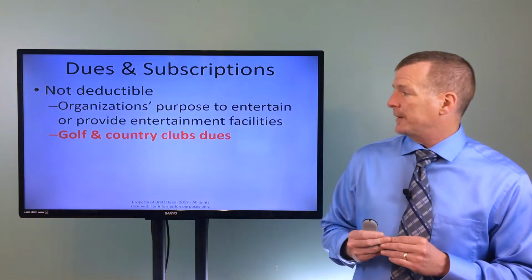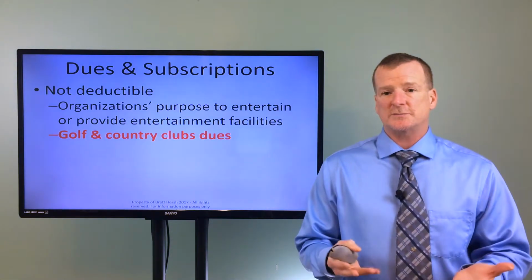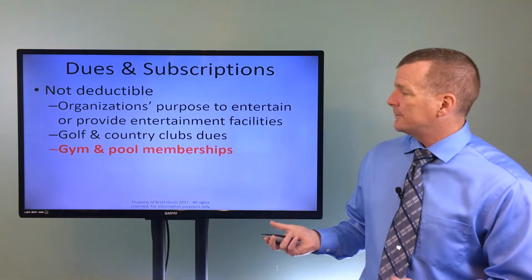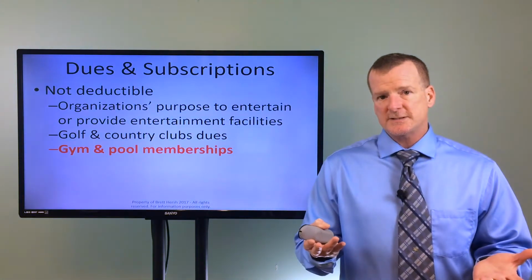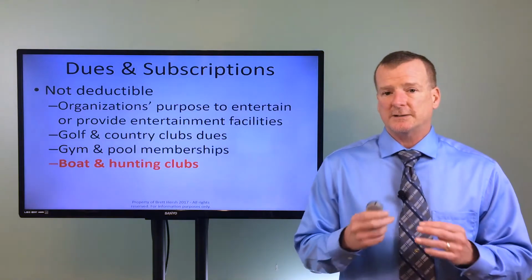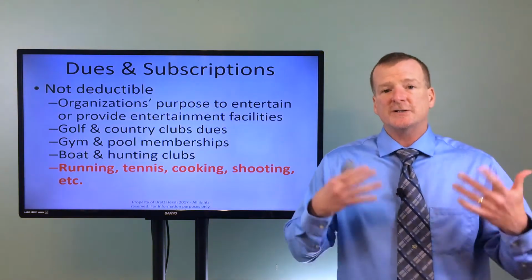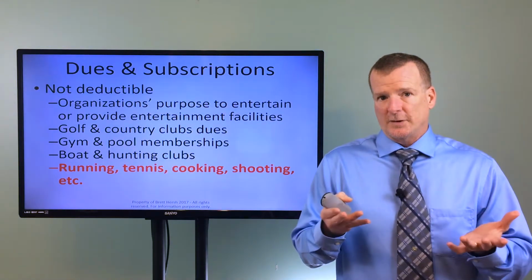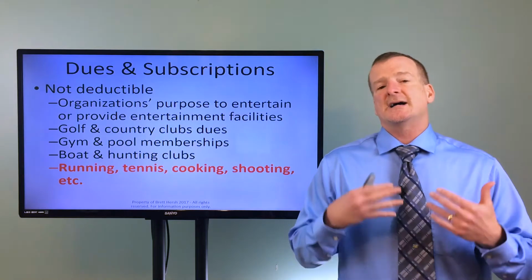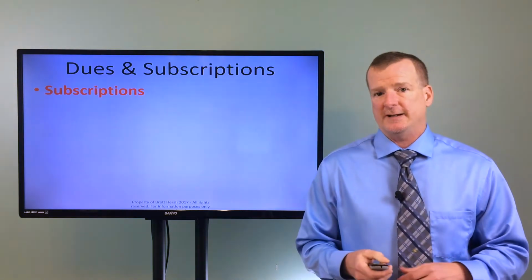So if you have a membership at the local golf resort, it's not deductible as dues or subscriptions. Pools and gym memberships are not deductible, even though you might find some clients at these places. Boat and hunting clubs, not deductible. Running, tennis, cooking, shooting, any type of club like that is really not going to be deductible as a dues and subscription expense because they offer recreation and that sort of thing.